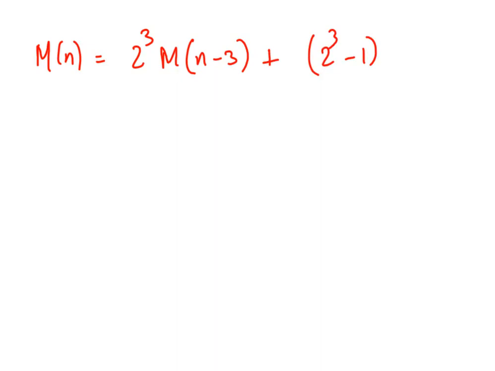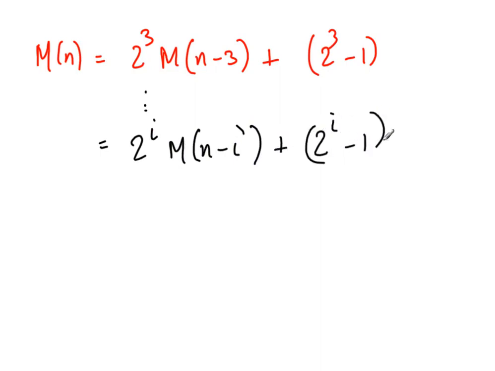So this is the pattern, and if you're not sure, you can always expand it some more, and eventually you will realize that this is 2 to the i m of n minus i plus 2 to the i minus 1. Now we stop when this thing becomes 1, right? So we stop with i equal to n minus 1.